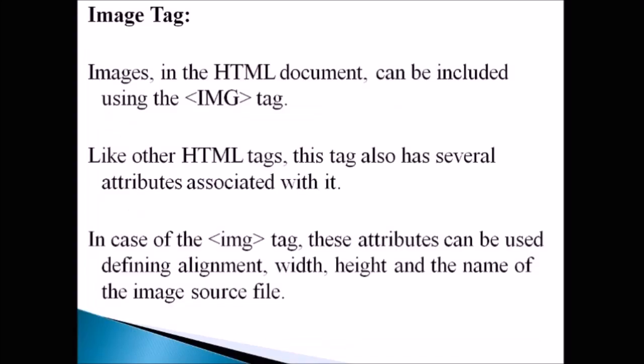Okay. Next type is the image tag. Images in the HTML document can be included using the img tag. To include any image in the HTML document, we have to use the tag img. Okay, like other HTML tags, this tag also has several attributes associated with it.